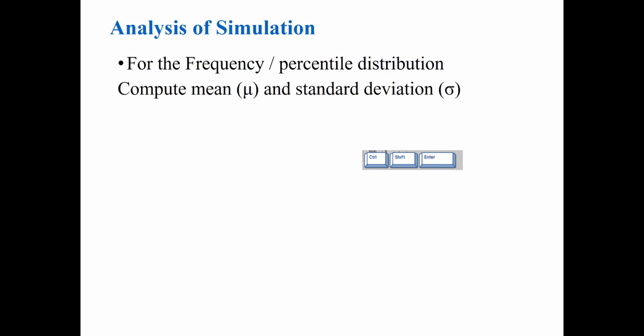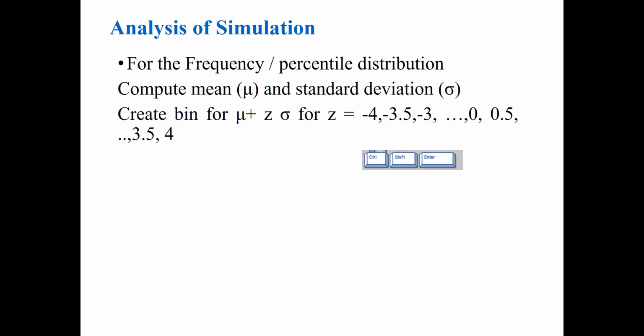For the frequency and percentile distribution, first we need to compute the mean and standard deviation of the simulation, and then we can create the bins of the frequency. So we need to compute mu plus z sigma. Sigma is the standard deviation of the sample, and mu is the mean of the samples that we can compute.